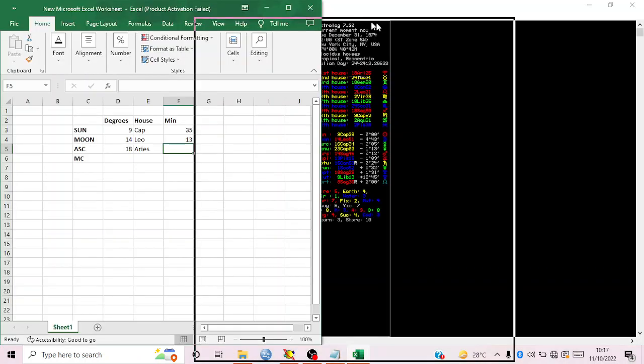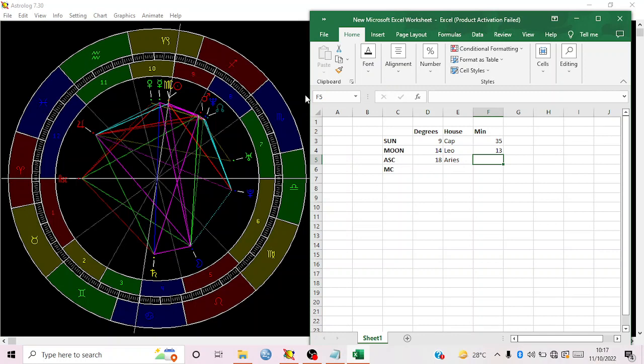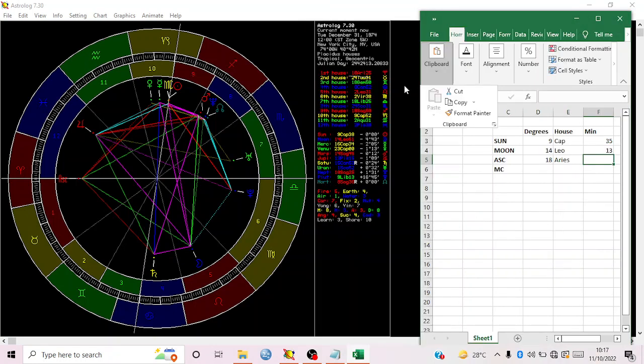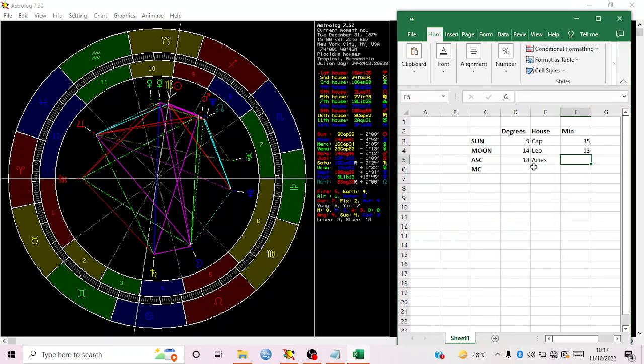So 25 minutes. So we'll notice that house 10 now is at Cap, 9 degrees, Cap, 52 minutes. Now, these are the correct settings or correct readings that we needed to take.